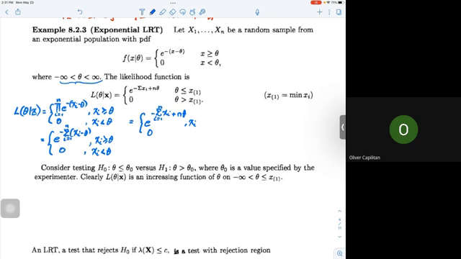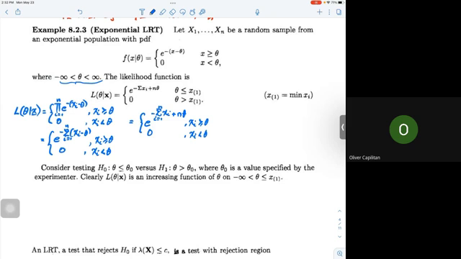So, if xi is greater than or equal to theta, otherwise xi is less than theta. Okay, so our xi's are greater than or equal to theta, so that would also imply that the minimum order stat, the minimum of all the sample points x sub 1 up to x sub n, would be greater than or equal to theta.